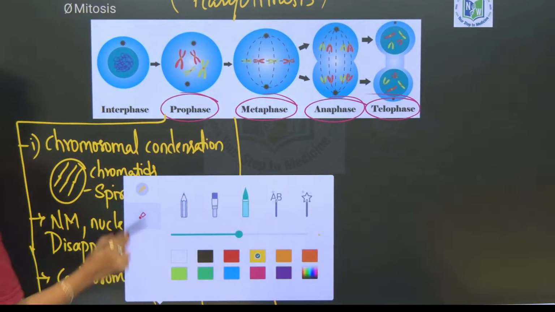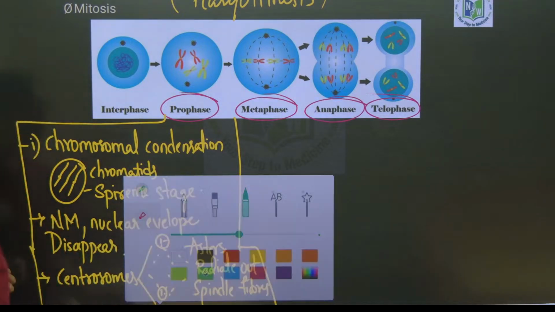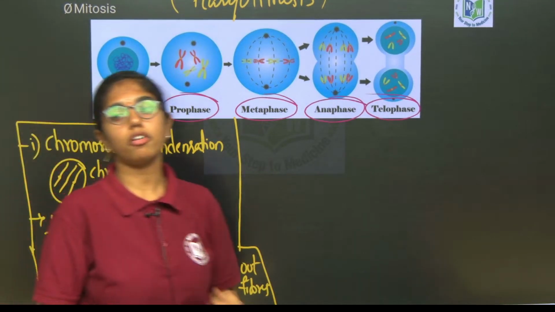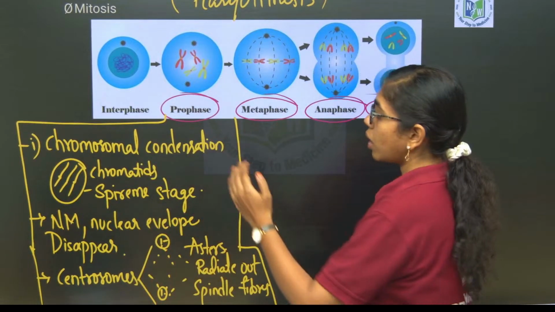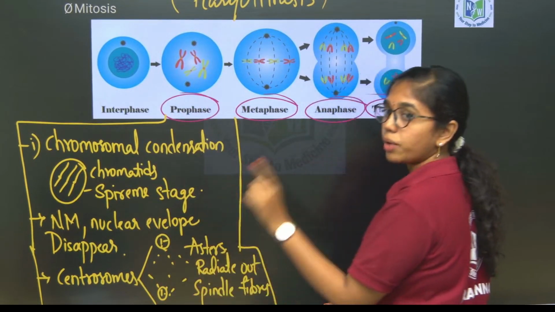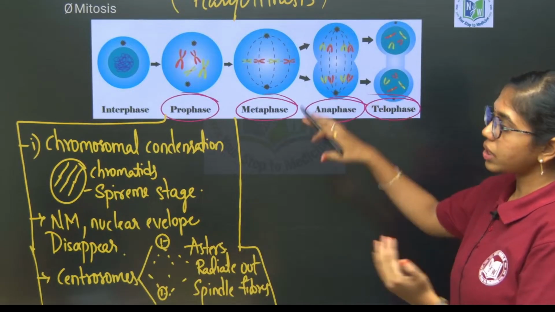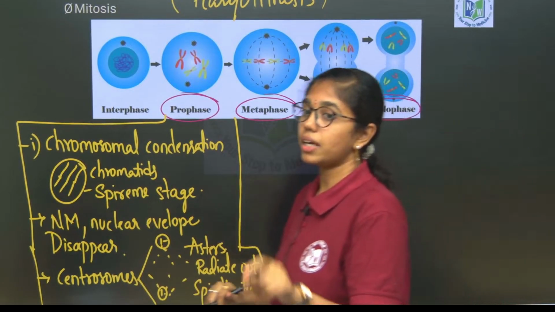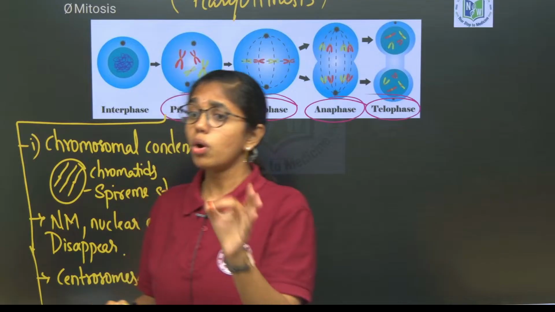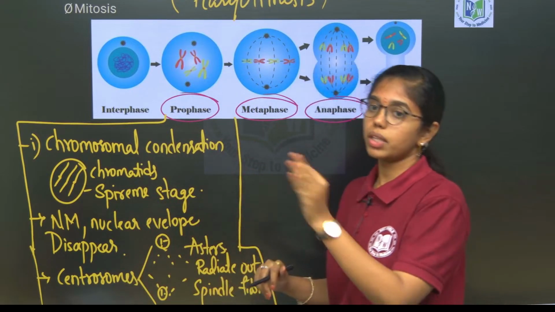Clear, right? Now, which event marks the start of metaphase? One thing you have to remember, before the start of karyokinesis, in our NCERT it is clearly mentioned there are no clear cut lines to draw in between the stages.